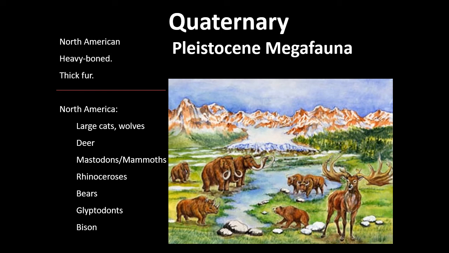It also includes very, very large deer, like Megaloceros, an elk that had a rack that was 12 feet wide. Mastodons and mammoths. We had North American rhinos, giant cave and short-faced bears, glyptodons, which are armadillos the size of cars, and then also huge, huge bison that used to roam in incredibly large herds.